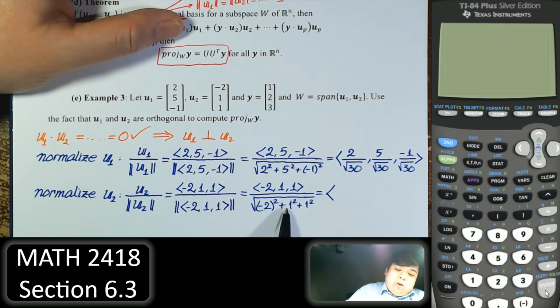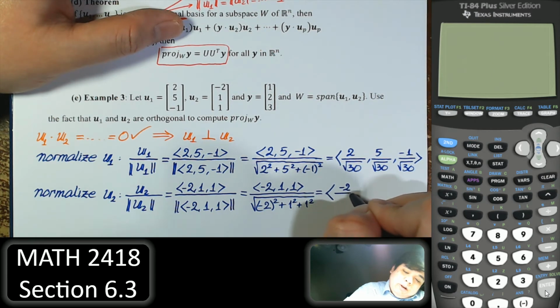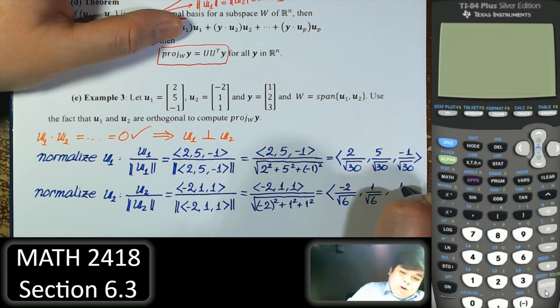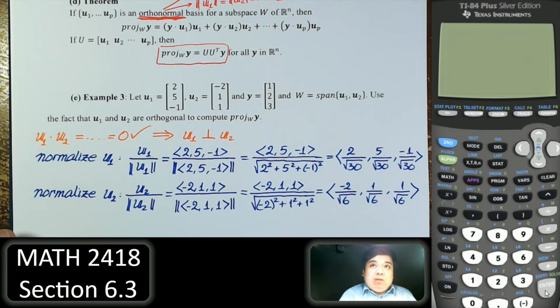So that is 4, 1, 1, that's 6. So we have negative 2 divided by square root of 6, 1 over square root of 6, and 1 over square root of 6. It looks complicated now, but it should turn out nicely.